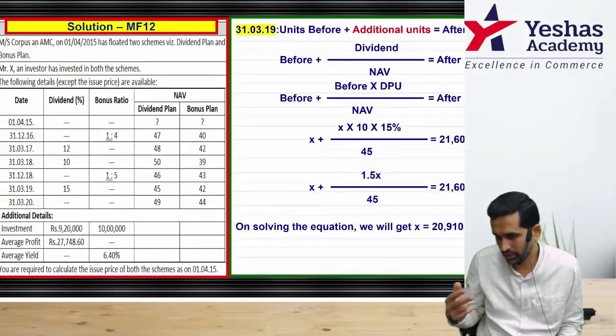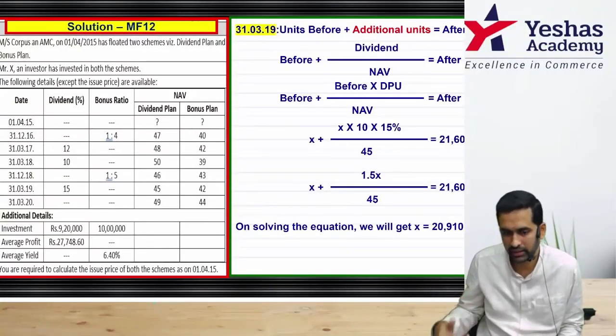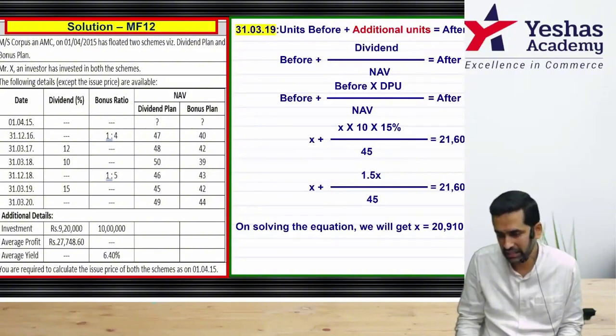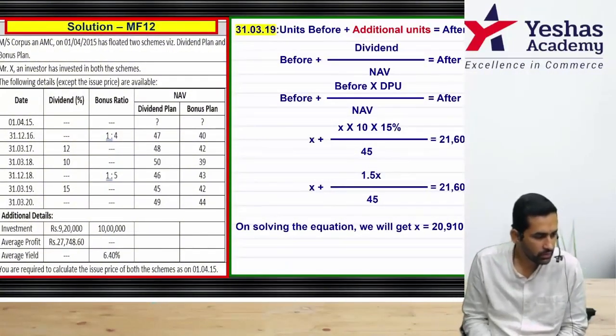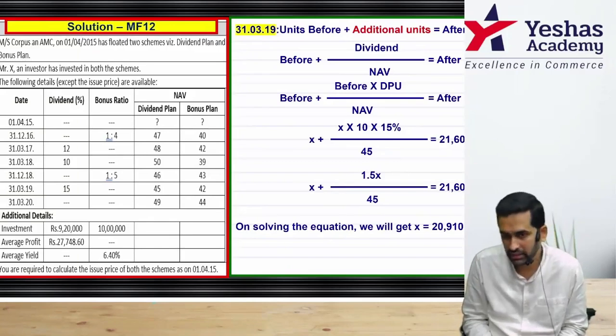I'm okay if you want to skip one of these lines. If it is easy and you can understand, then directly start with: let the units before be X.